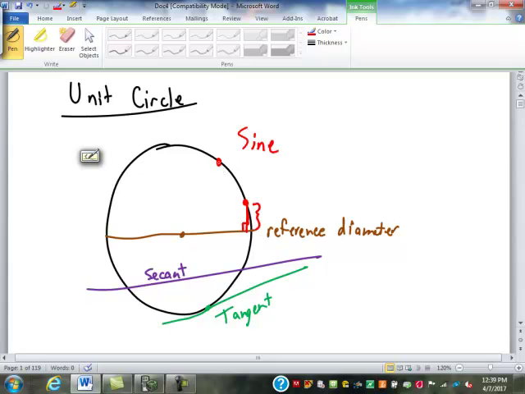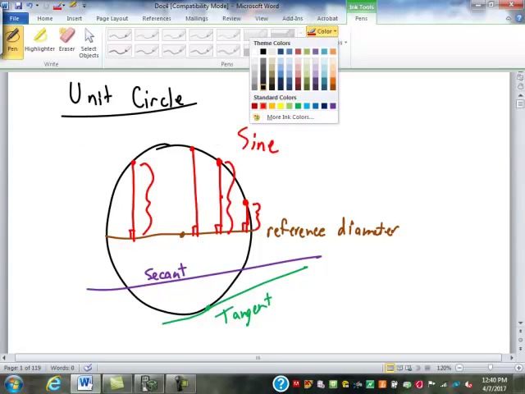If I pick this point, that is the sine of that point. If I pick this point, there's the sine of that point. Now this point here has the same sine as this one did over here, because they're both the same distance above that reference diameter. So that's sine, secant, and tangent.